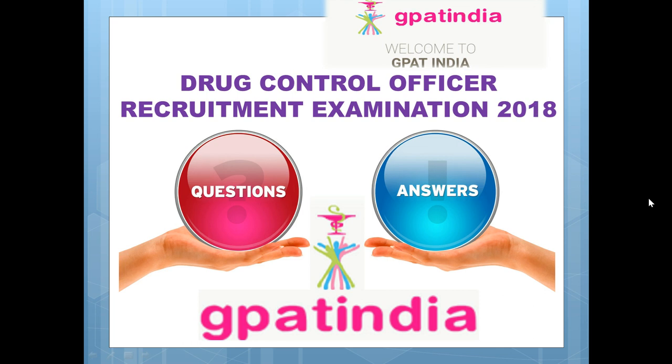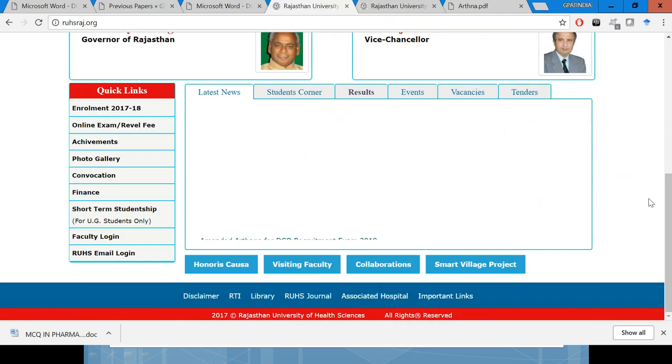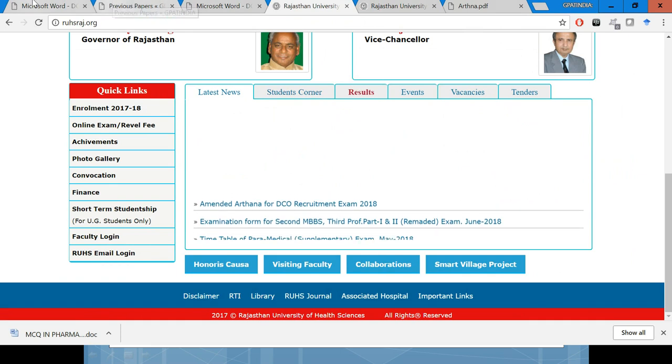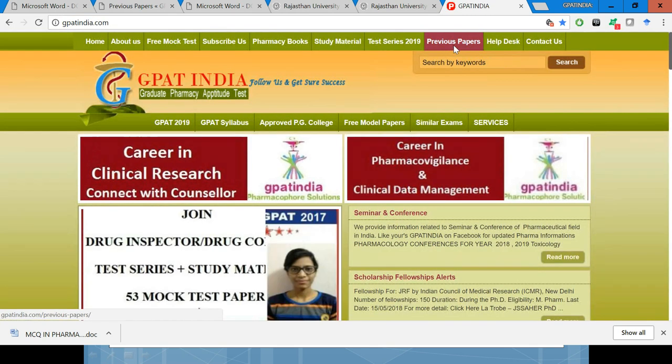If you want to look for that PDF file, you need to go to the GPATINDIA.com website. The simplest way is to go to GPATINDIA.com and look at the section called previous papers.